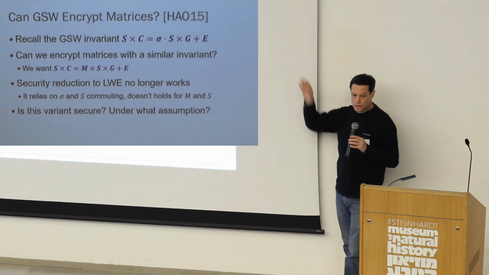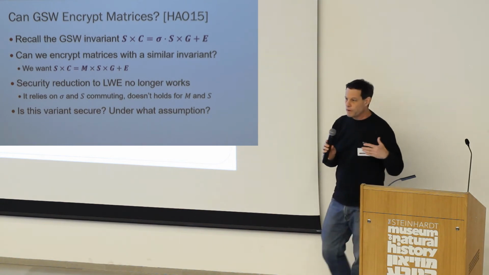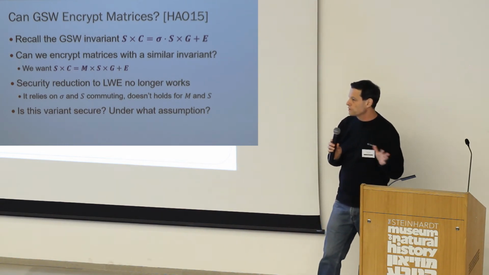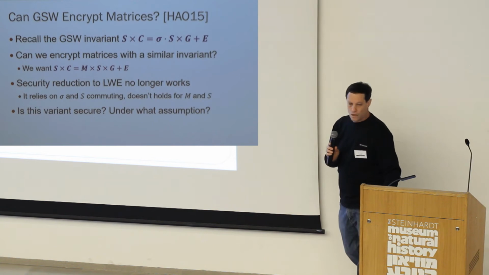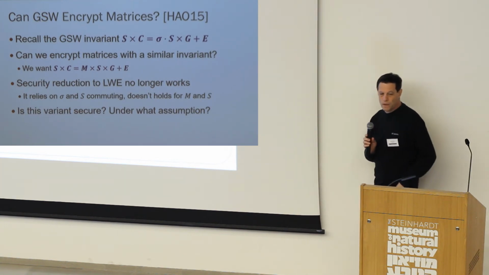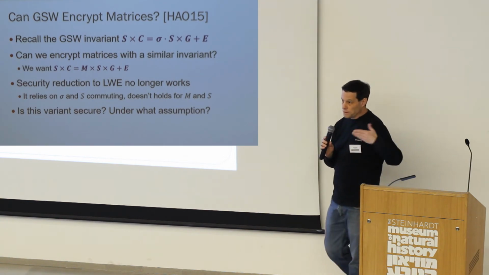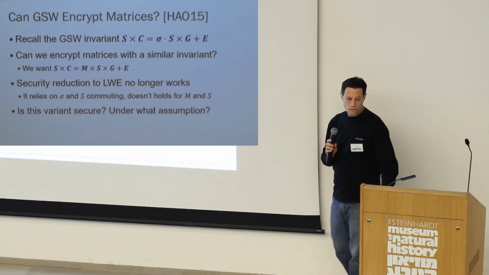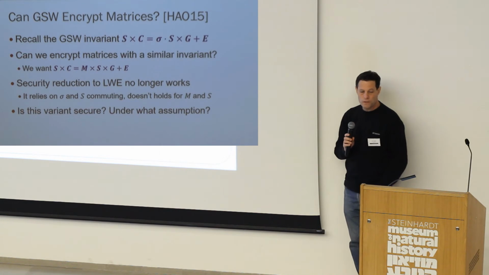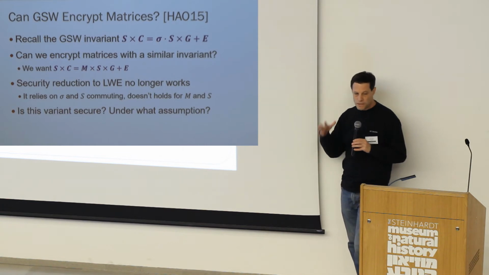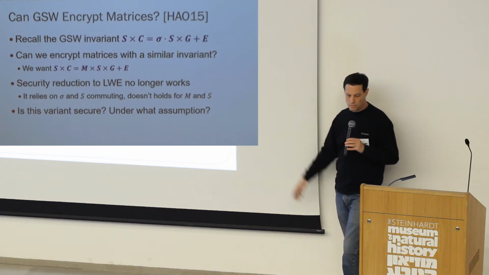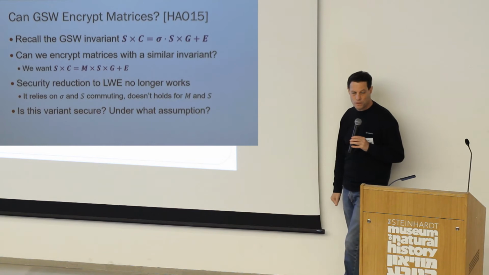So again, the decryption invariant is basically the only thing that's important about homomorphic cryptosystems. This is the GSW one. And we want to use the same invariant in order to get the same properties to encrypt matrices. So we want to encrypt a matrix in such a way that S times the ciphertext equals the message times the secret times this redundant version of the secret key plus a little bit of noise.